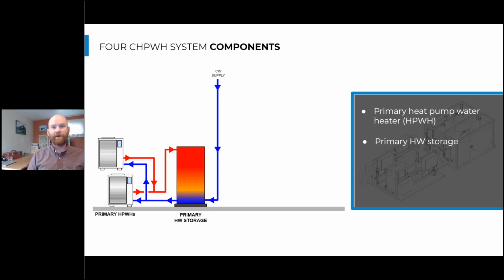That primary heat pump needs to be connected to a primary hot water storage tank or tanks. And so we learned that our primary hot water storage is necessary because these heat pump water heaters are not instantaneous heaters. So we need a thermal battery, somewhere to store that hot water energy, and that's the purpose of our primary hot water storage tanks.